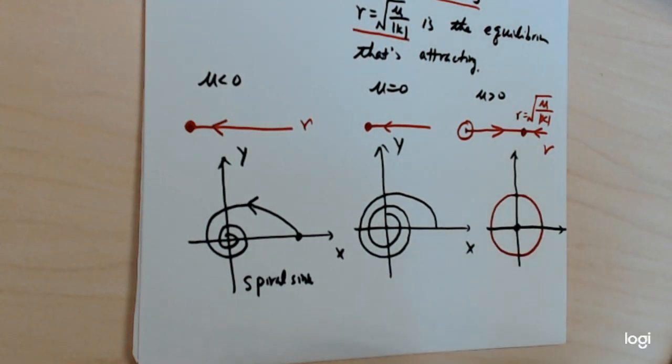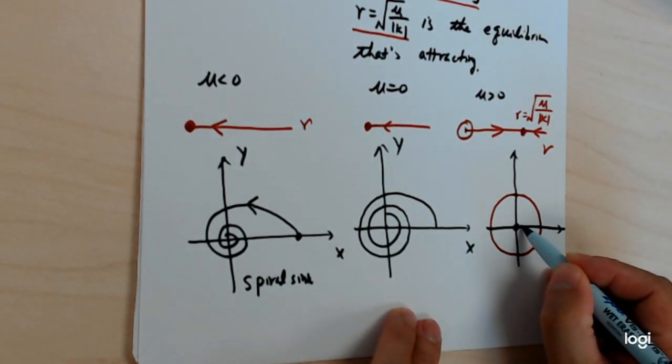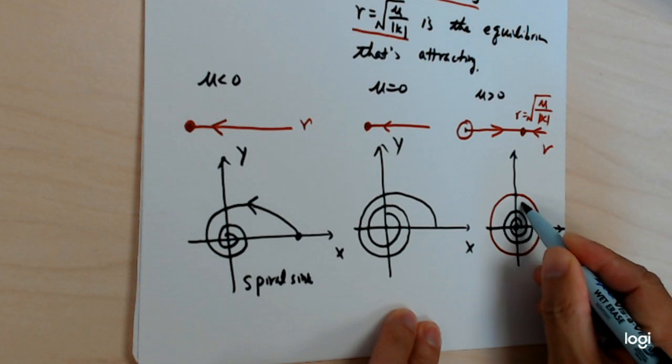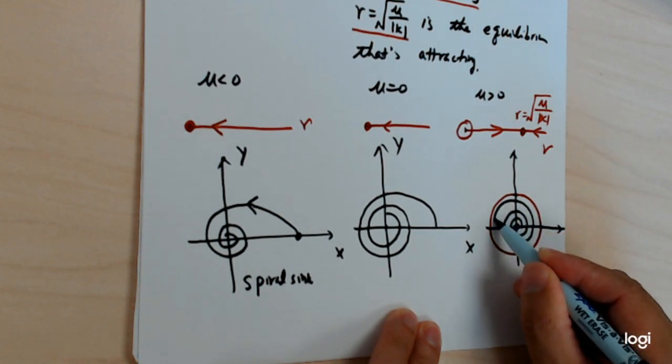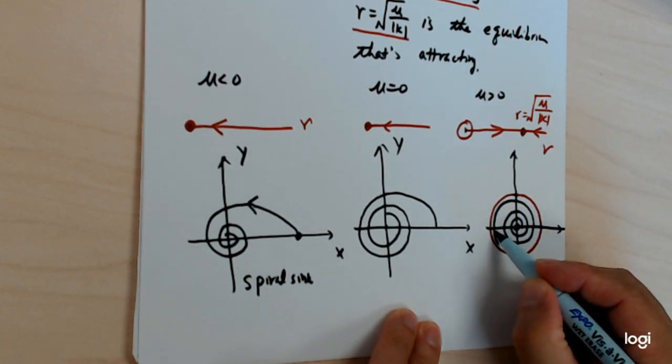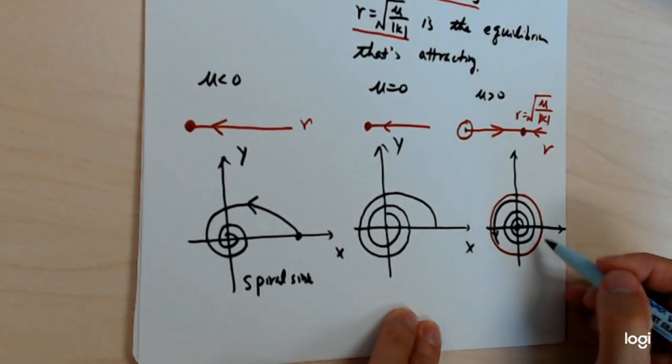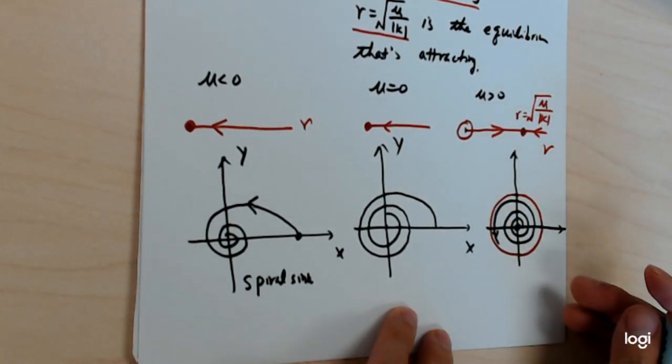What does that mean? That means if you start somewhere around here, for example, the trajectory will move away from the origin, and approach this circle. Now it becomes periodic, and eventually becomes periodic.